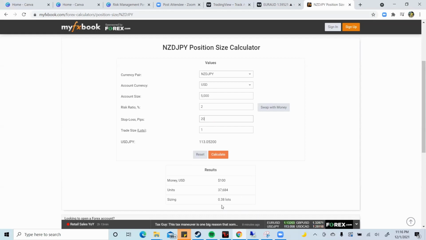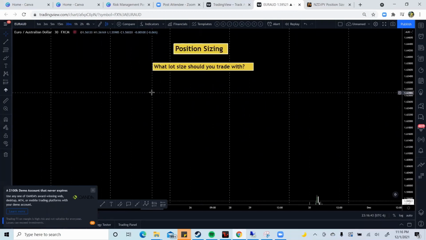Right now, 2% risk on 30 pips was 0.33. Let me go ahead and hit calculate. You see now the same risk profile of 2%, but with a tighter stop loss allows you to trade with a bigger lot size because you're condensing how many pips 2% of your account has to cover. So let's look at this on the chart.